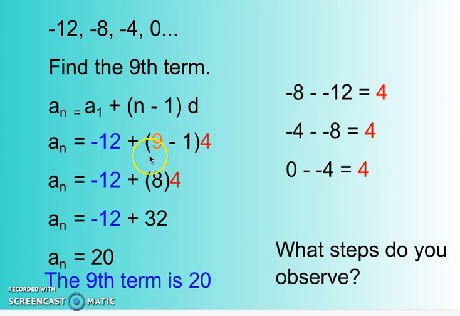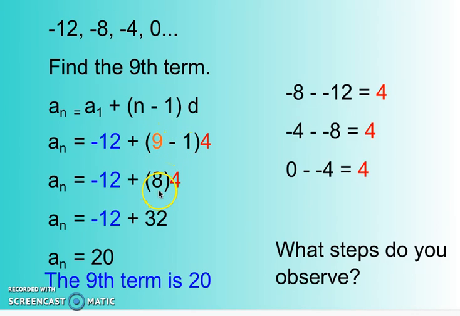Our next step is evaluating this expression using order of operations. The first step is working with parentheses, the grouping symbols. Remember GEMDAS, G stands for grouping symbols, so 9 minus 1 is 8.